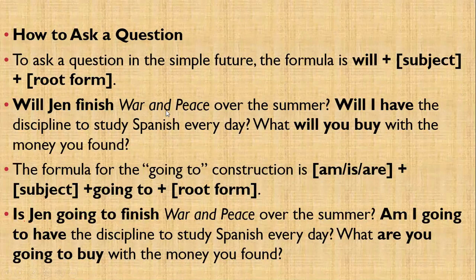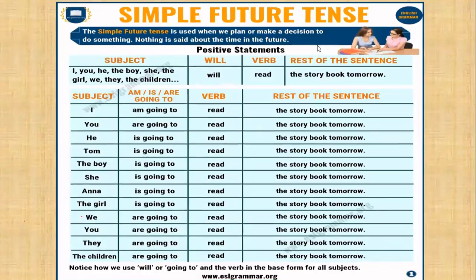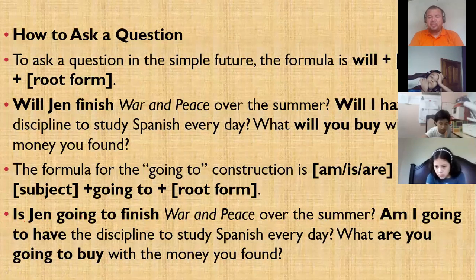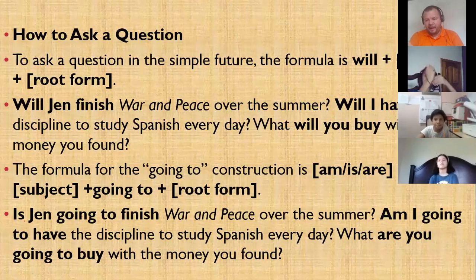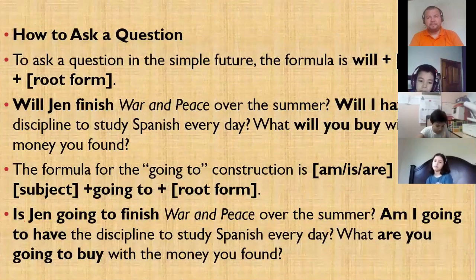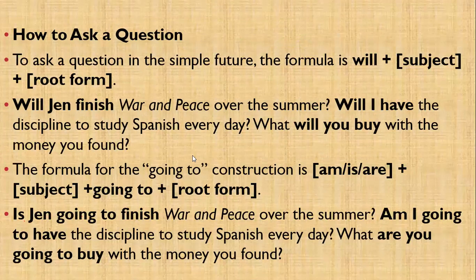Will Jen finish War and Peace over the summer? The second one. Will I have the discipline to study Spanish every day? Or to study English every day? Or to do my English lab every day? Like you, people? Let's continue. What will you buy with the money you found?